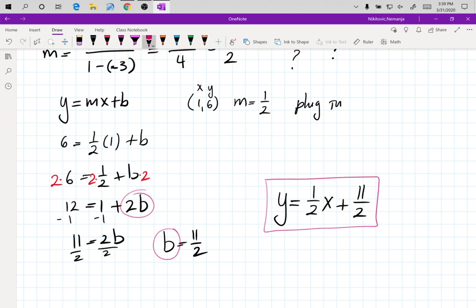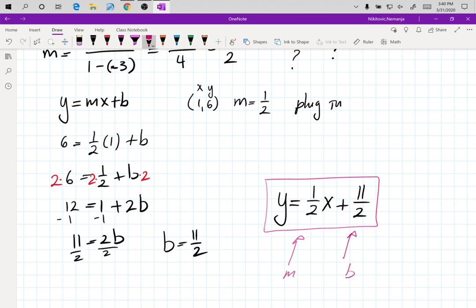So in order to get b alone, I divide both sides by 2. That's why I divided both sides by 2. And then we plug in b, which is now 11 over 2. We plug that in. And here's your m, and here's your b.